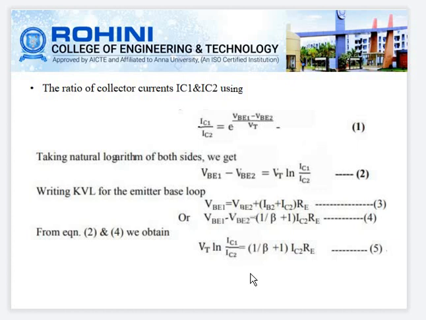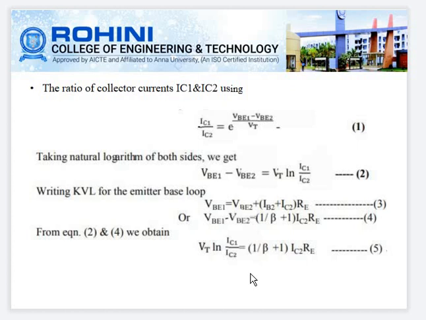The ratio of collector currents IC1 and IC2 is given by IC1 by IC2 equal to e power (VBE1 minus VBE2) by VT. Taking the natural logarithm on both sides, we get VBE1 minus VBE2 equal to VT into ln of IC1 by IC2.